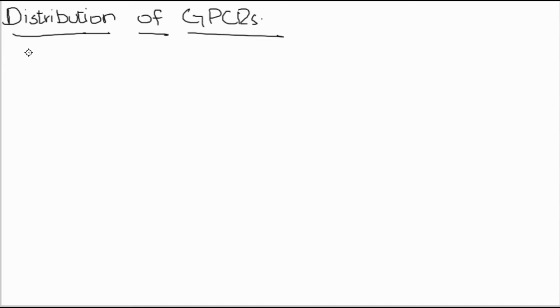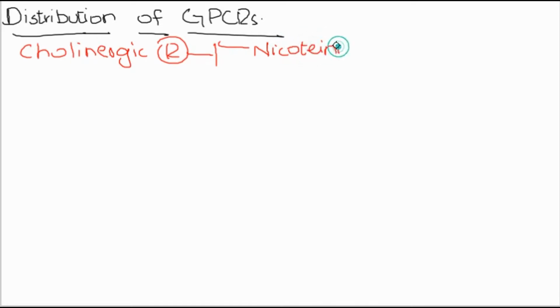For example, as we know, cholinergic receptors are of two types: nicotinic and muscarinic.